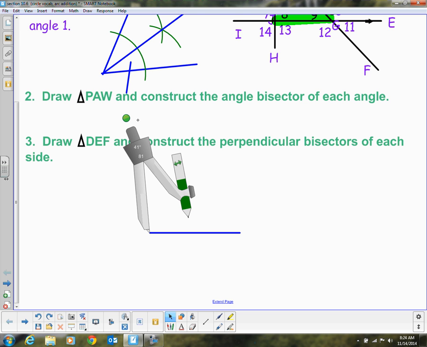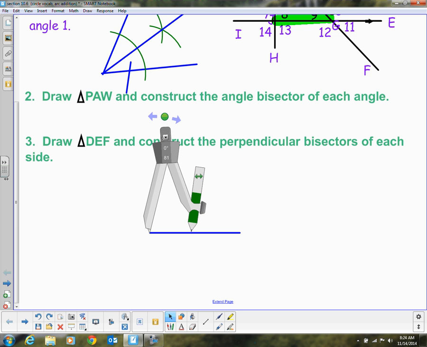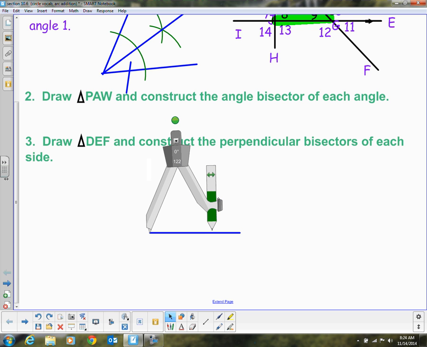Perpendicular bisector. Numbers 2 and 3 are going to be credited to A49.5 tonight's homework. Number 1 is going to be credited to A49. I just need to be able to see it on Monday.